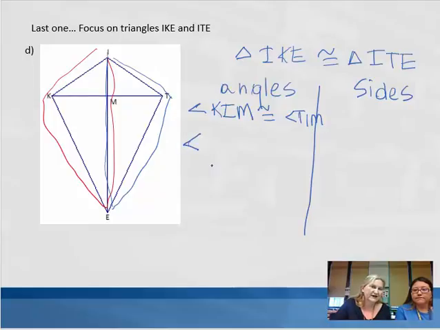So I'm going to call it angle IKE is congruent to the angle right here at the vertex T, ITE. And the last angle down here, vertex at E, let's call it KEM, is congruent to angle TEM.